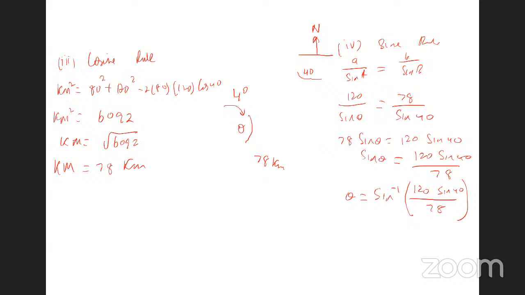Jimmy said he got 81.45. So to the nearest degree, the answer is 81. You see how rounding off could change the answer slightly: if you round to 0.9 and find sine inverse, you get 82.